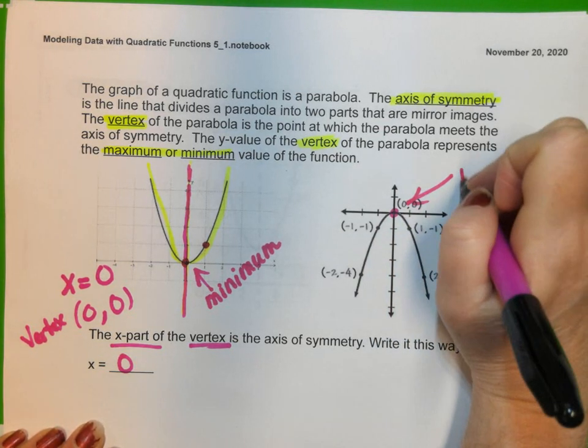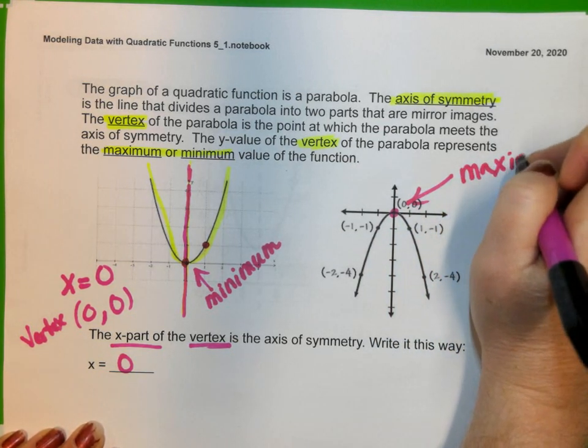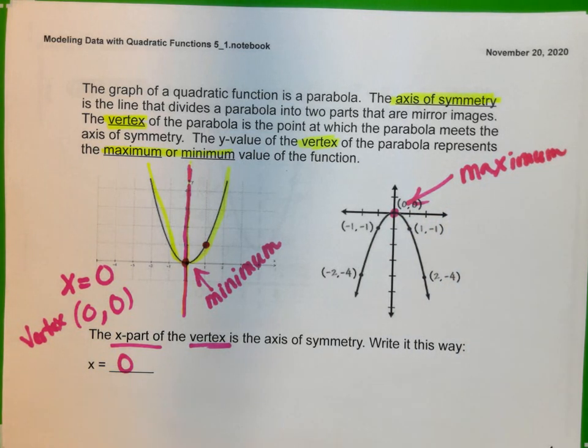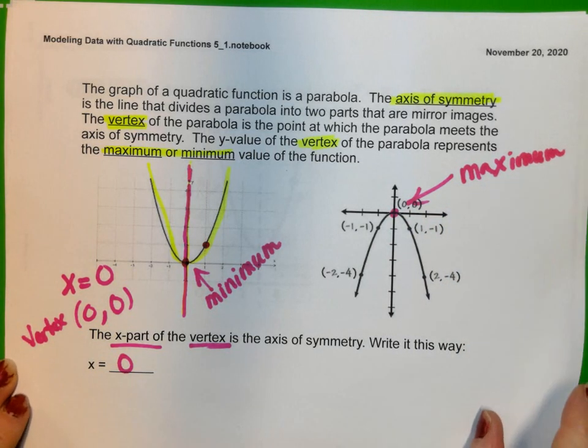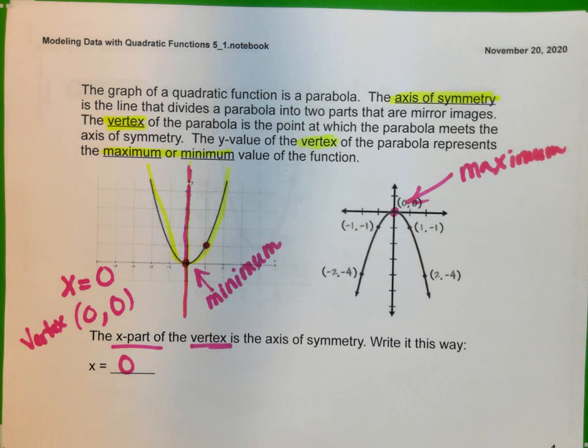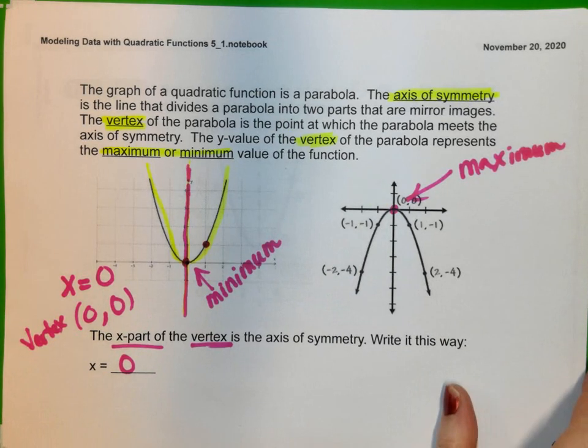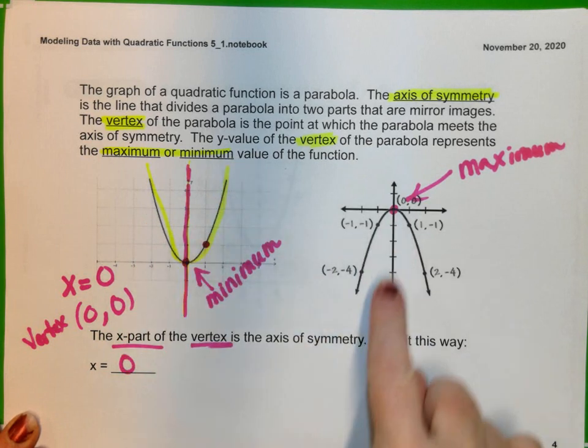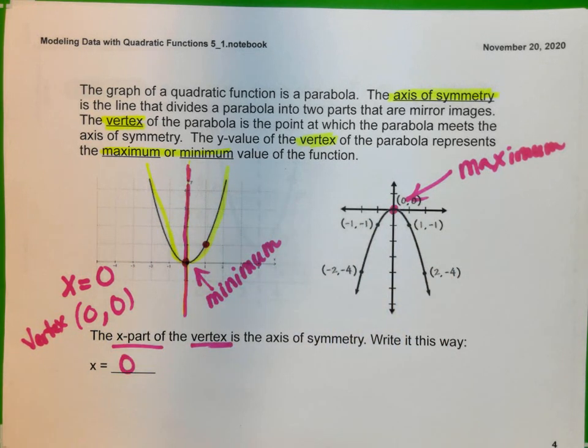This one has a maximum because it has the tallest point or the highest point on the parabola. These two terms, maximum and minimum, play a very key role in the things we're going to do in this chapter. So minimum is the lowest point, maximum is the highest point. A parabola can only have one or the other. It will never have both.